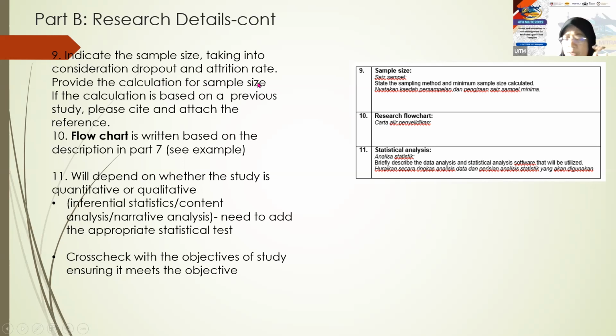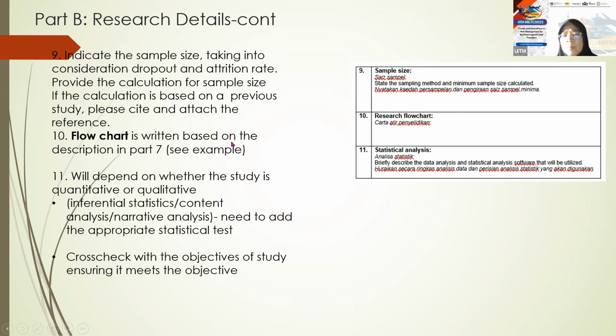Most researchers use the Raosoft table in order to get the sample size. Then you need to quote the Raosoft table here together with the formulation. Number 10 is the research flow chart, meaning that you need to draw the research flow chart.